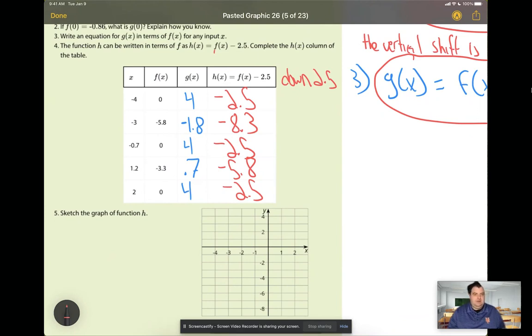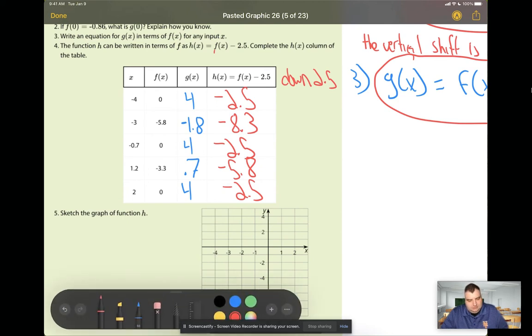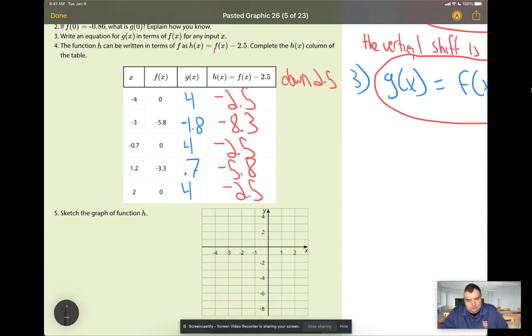Number 5, sketch the graph of the function h. I'm going to plot the points and then sketch the graph. When x equals -4, y equals -2.5, which is approximately right here.